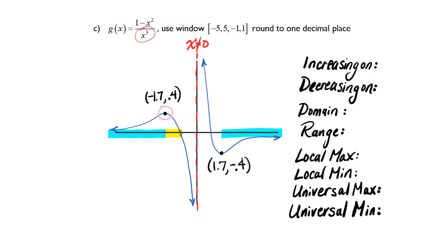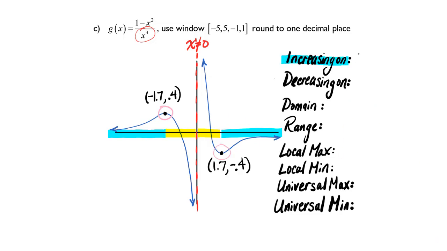From negative 1.7 to 0, the function is decreasing. It is undefined at 0, and then it is decreasing again from 0 to 1.7. So we now have enough information to list all these intervals.